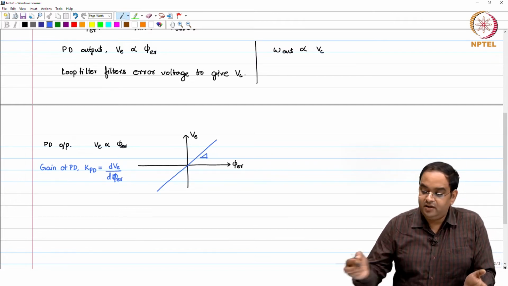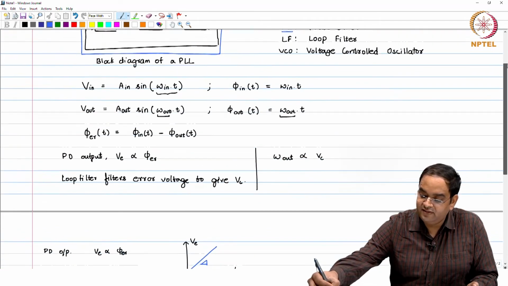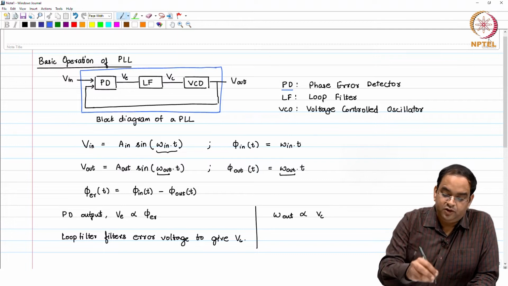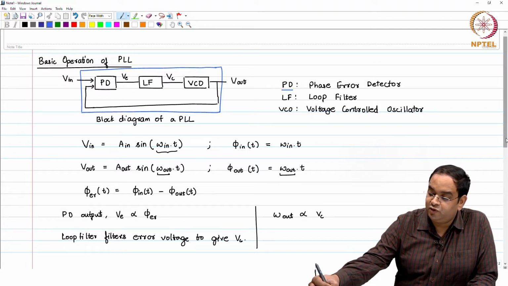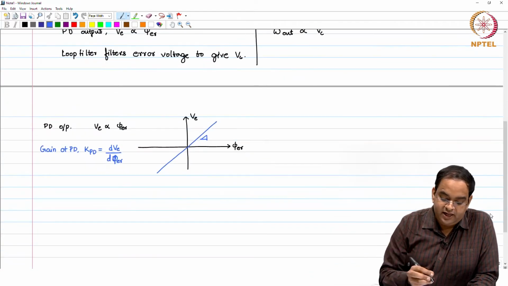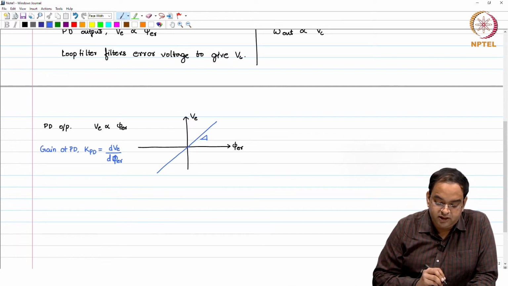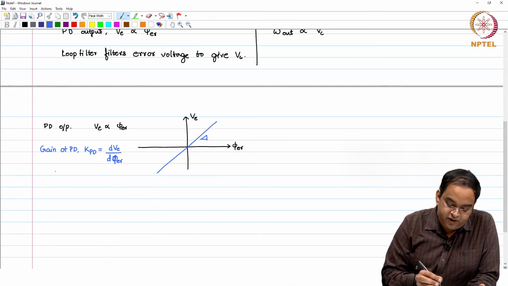So, when you have a certain phase error at the input of the PD, you get an error voltage proportional to the phase error, and the gain of this phase error detector is K_PD, which is defined as the derivative of error voltage with respect to the phase error.